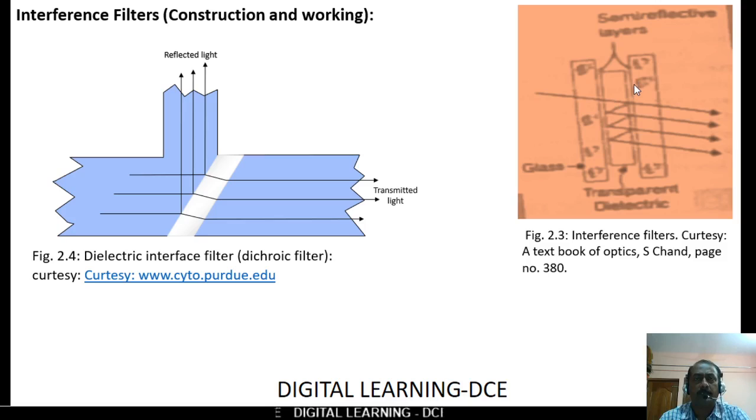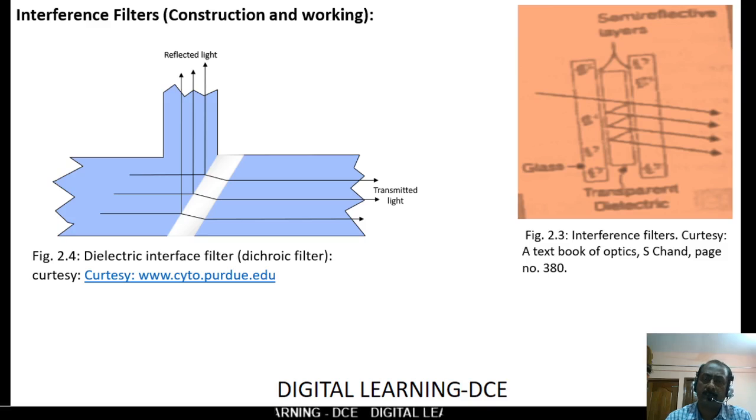To transmit a narrow band, higher reflectivity is essential. This is achieved by using a multi-layer structure of higher and lower refractive indices.